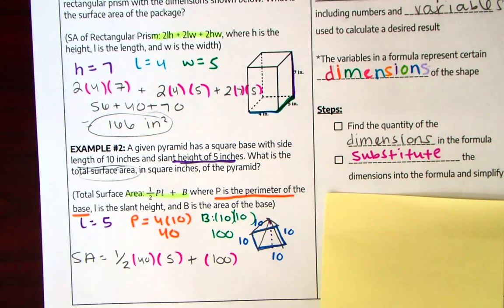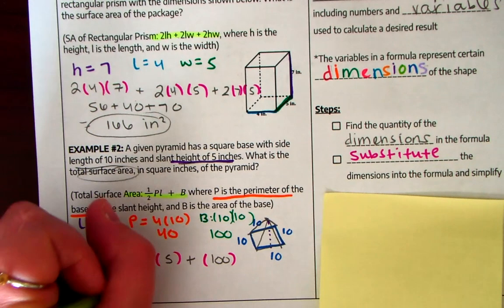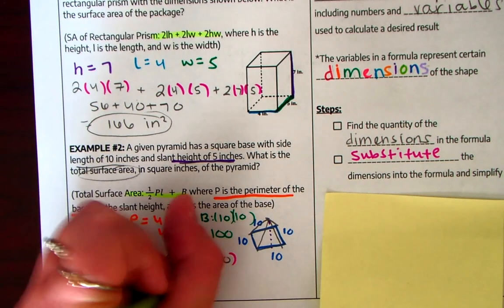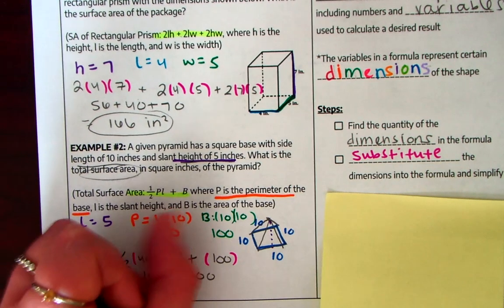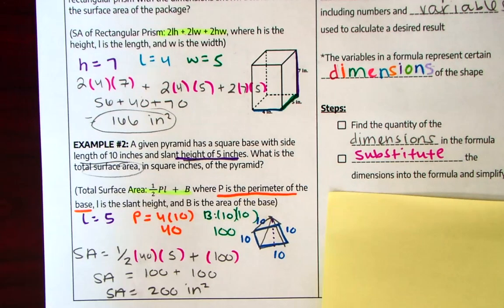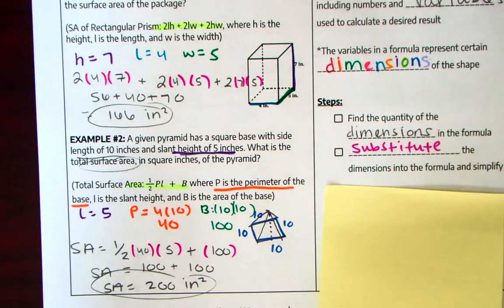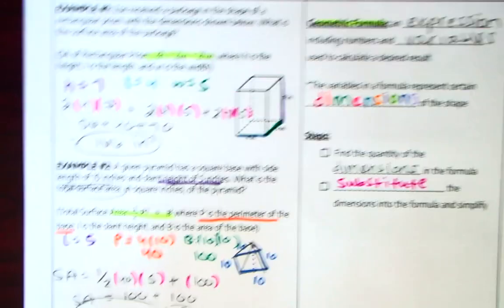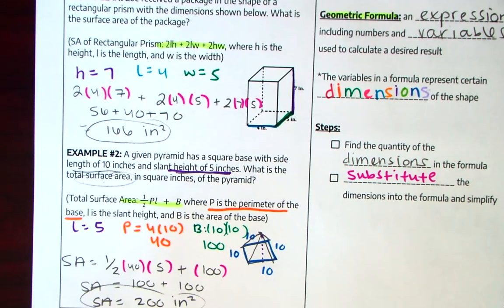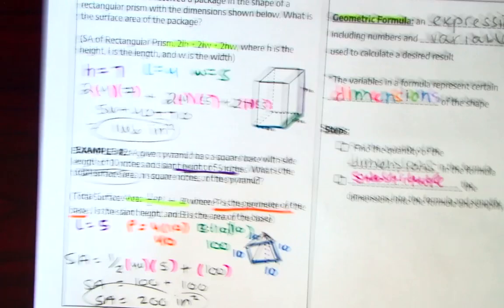Then I just gotta do that math. 40 times 1/2 is 20, 20 times 5 is going to equal 100, plus another 100. My surface area is going to equal 200. It said square inches, so inches squared. Cool. Hope that made sense and that you wrote everything down and understood it and listened.